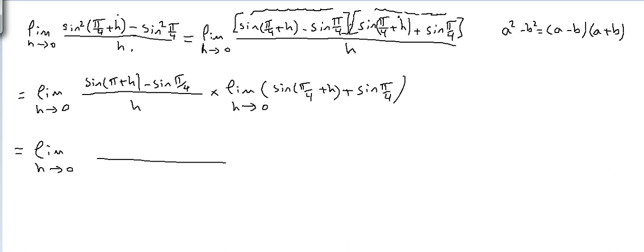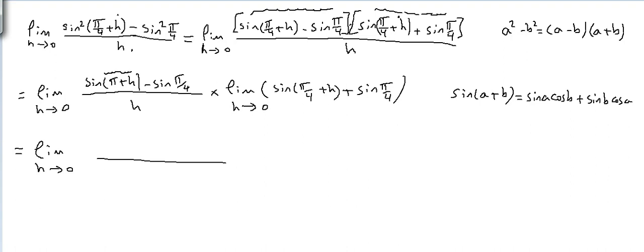If you go back to the papers I gave you, there is the rule that says sine of a plus b is equal to sine a cosine b plus sine b cosine a. So we are going to substitute this formula here.